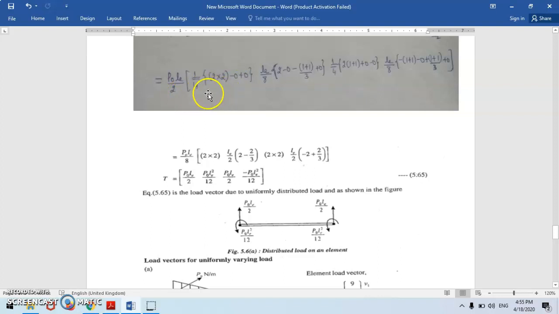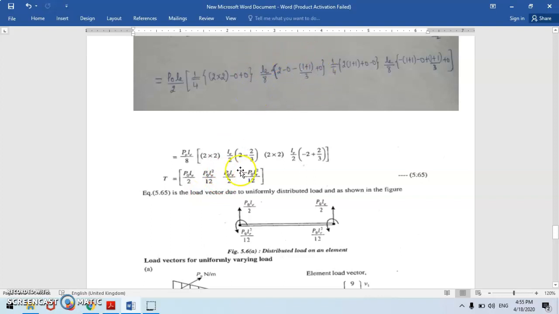So if I simplify this, what you will be getting is 4 cancels. So left out is P naught Le by 2. Here is the P naught Le by 2, where we have taken the traction equation, T, or the load vector due to uniformly distributed load. So similarly here also P naught Le becomes Le square by 12 you will be getting here.